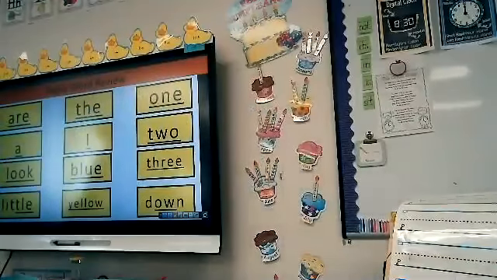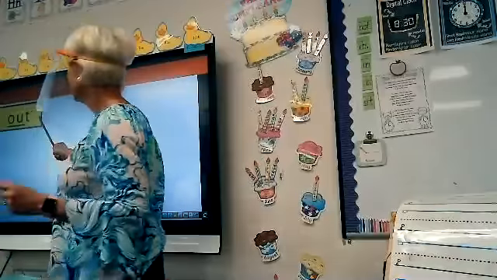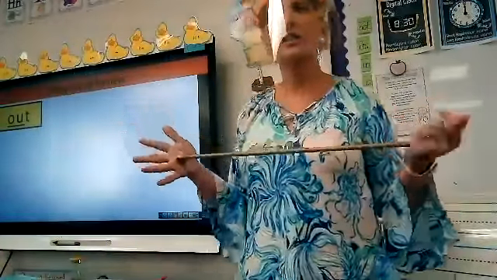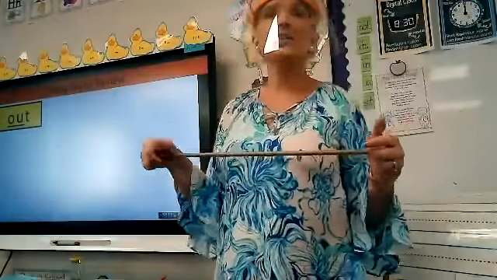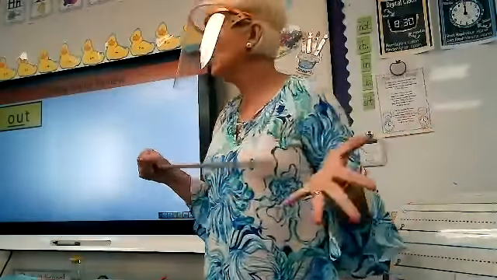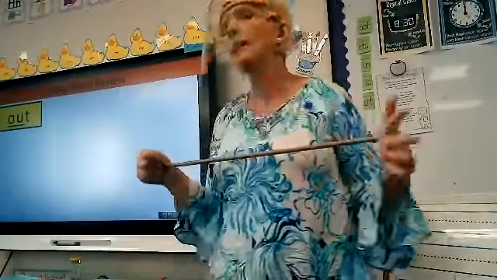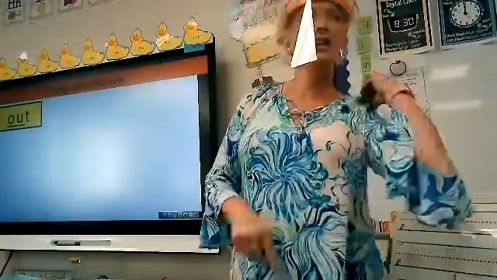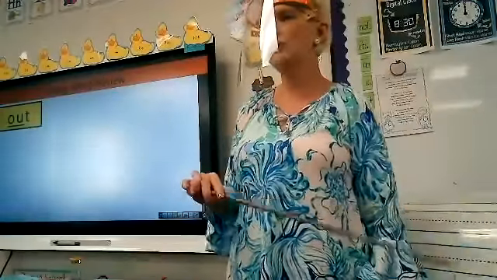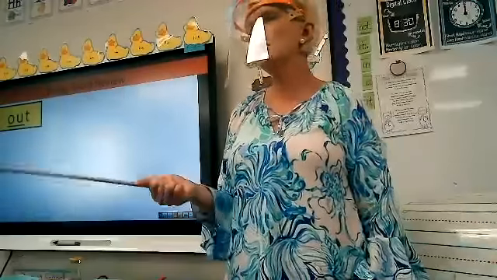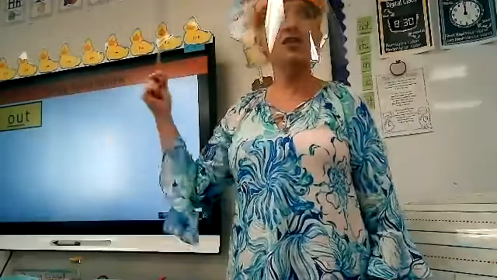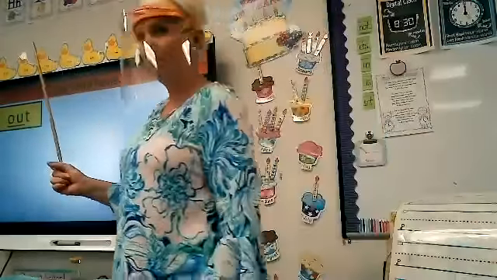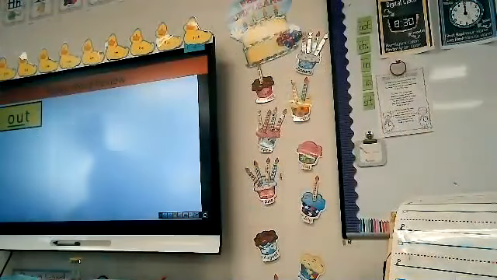Good. And we got this one. What's this? Out. Good. Why are they tricky words? Because you can't sound them out, because we don't know the sounds for those specific letters yet, right? All of our sight words, whether they're tricky or not tricky, should we sound those out? No, we should just know them. They should be automatic because we read those in books a lot of the time. Those are the words you'll hear.